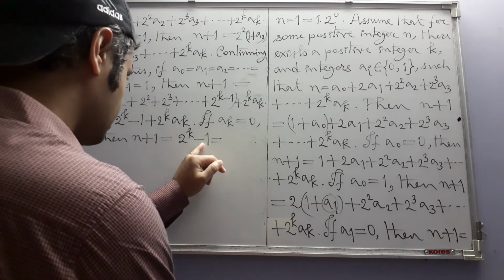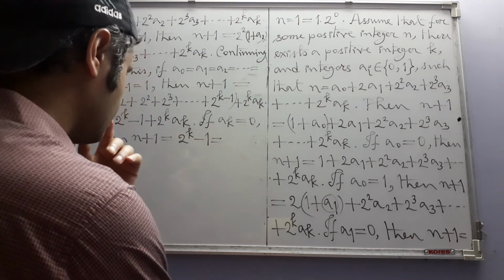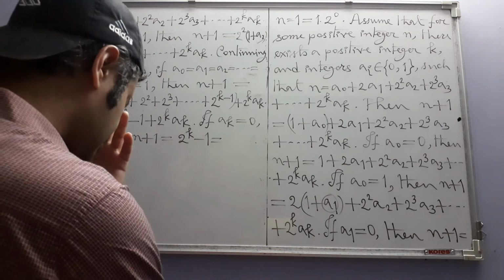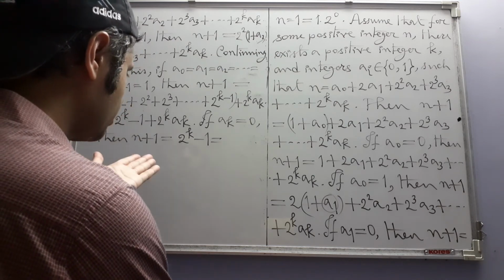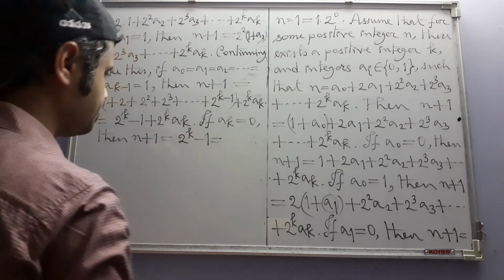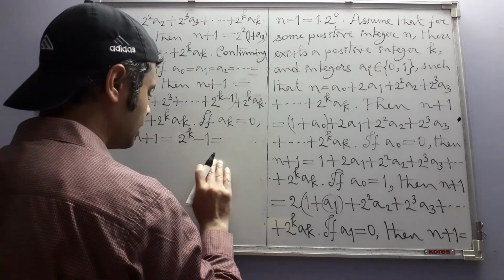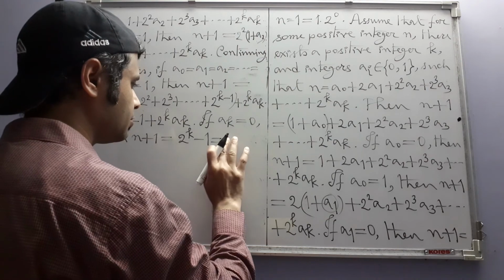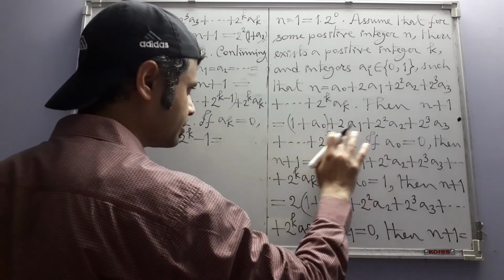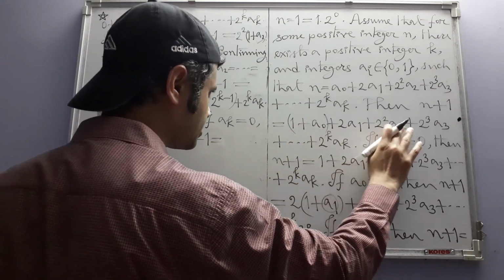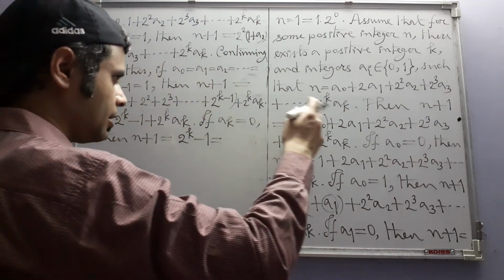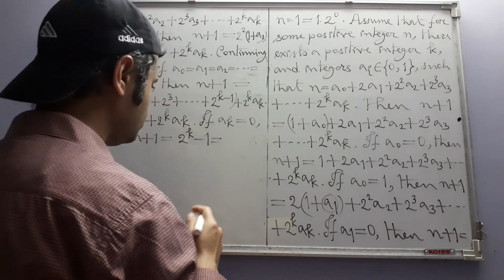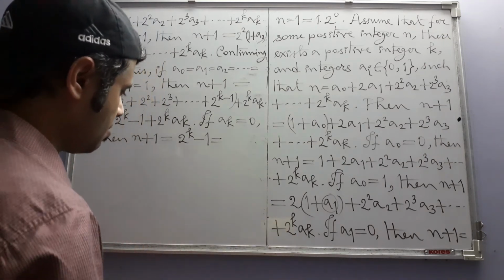If we write this, how to adjust this minus 1? 2 to the power k minus 1, we want to be able to have an expression like this where the coefficients are either 0 or 1, each one of them, and the powers of 2 keep on increasing.